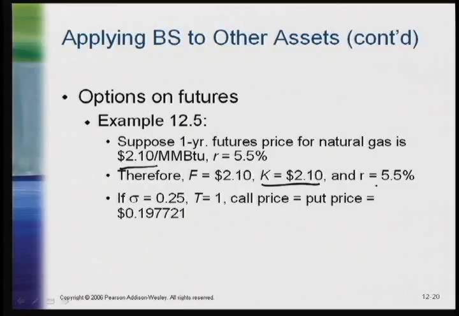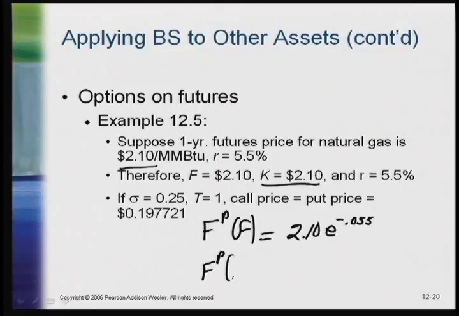And so I can go through the prices: the prepaid forward for the futures is 2.10 e to the minus 0.055, that's the risk-free rate, for 1 year. Similarly, the prepaid forward on the strike is exactly the same because it's an at-the-money option. So the prepaid forward for F and the prepaid forward for K are the same numerical value.